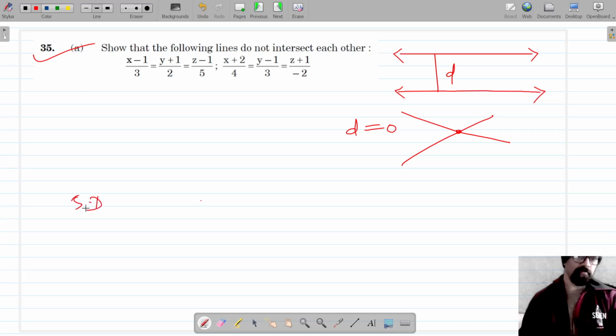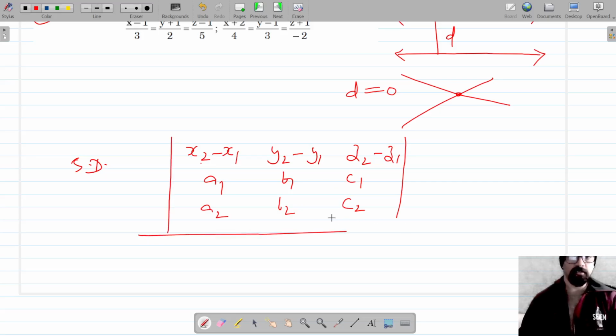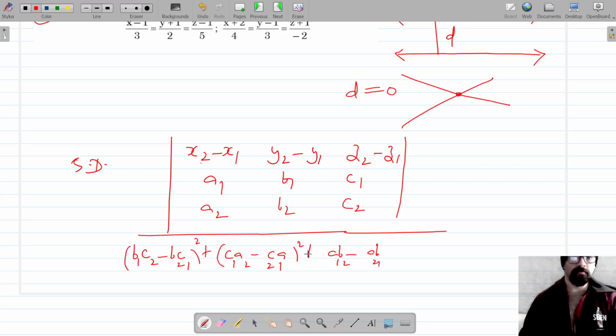And to find the shortest distance of two lines in the Cartesian form, the formula is the determinant of x2 minus x1, y2 minus y1, z2 minus z1, then a1, b1, c1, the direction ratios of the first line, and a2, b2, c2, the direction ratios of the second line, divided by the square root of the sum of squares of b1c2 minus b2c1, c1a2 minus c2a1, and a1b2 minus a2b1.